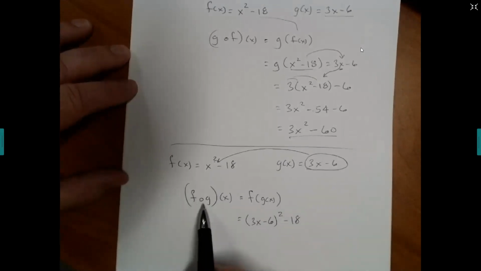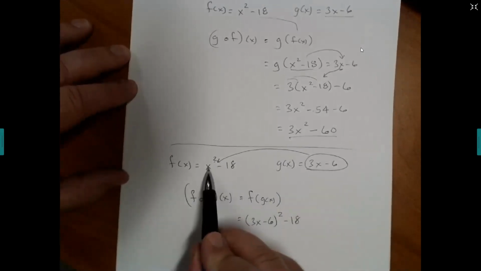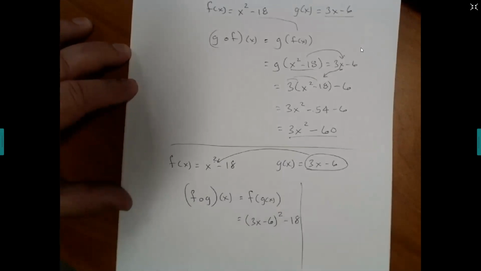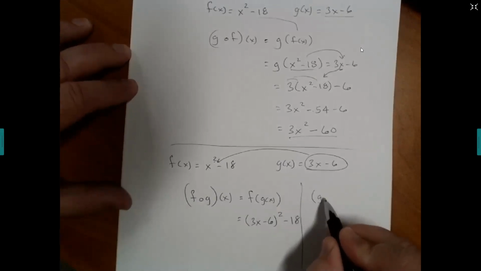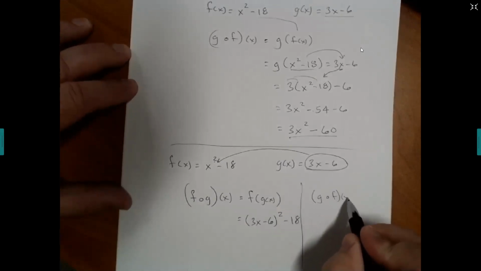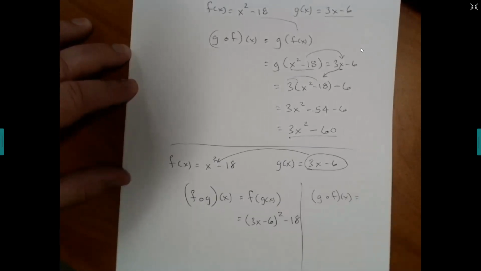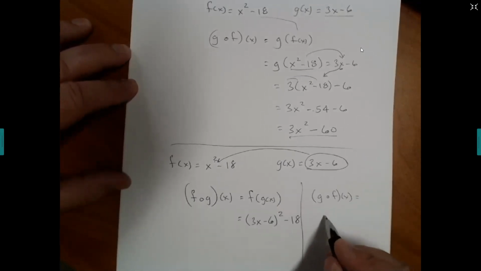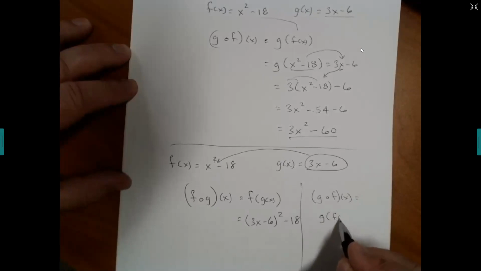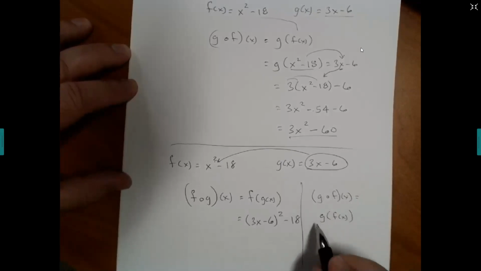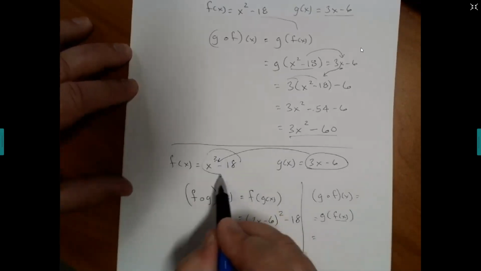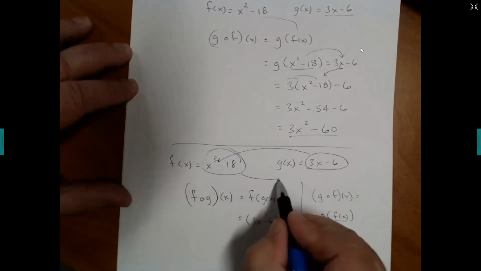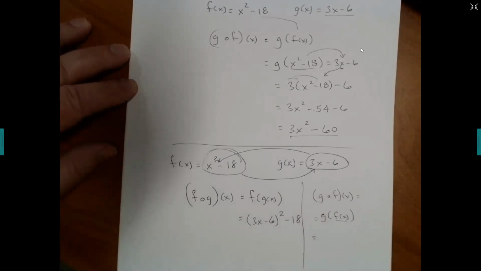So f of g goes inside of f. And just the opposite of it, Goff, since that one says g of f of x, since f is on the inside, whatever I have for my function f, I plug it in place of x in the g function.